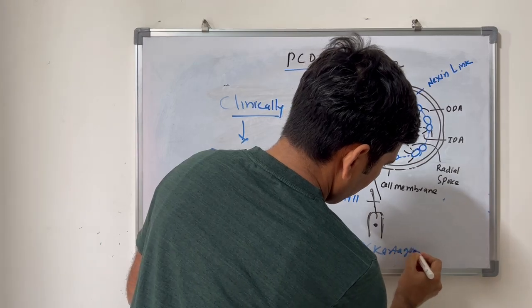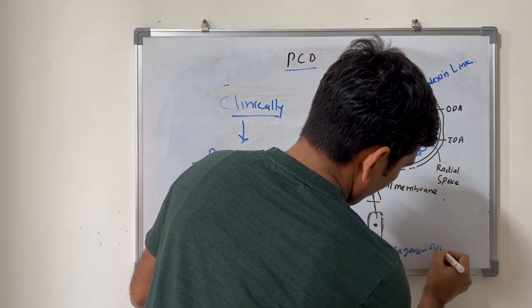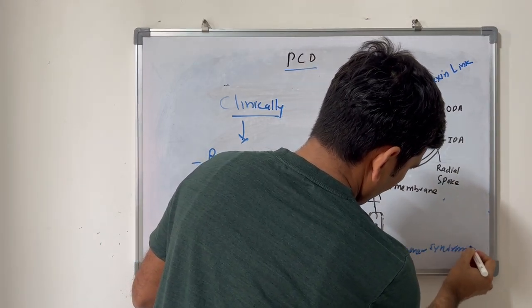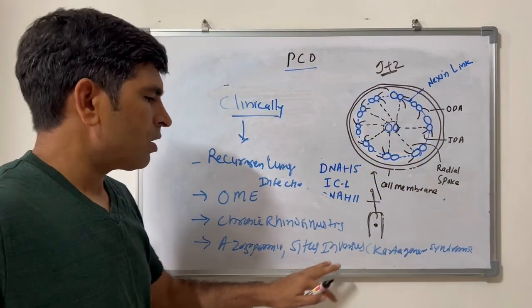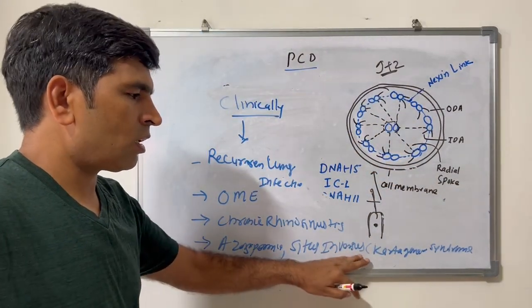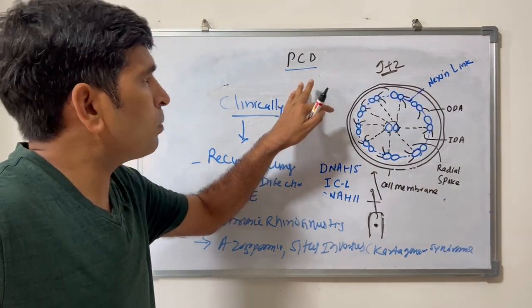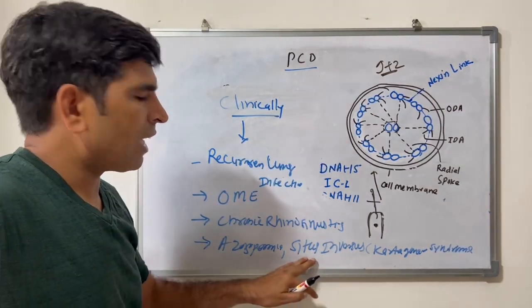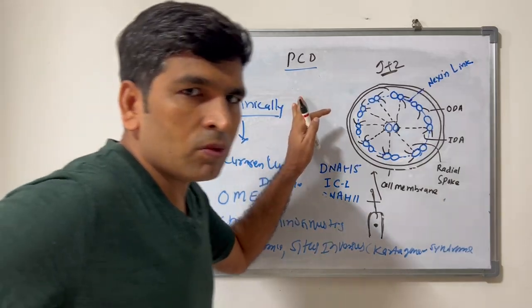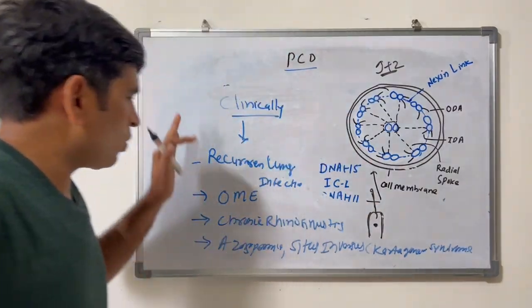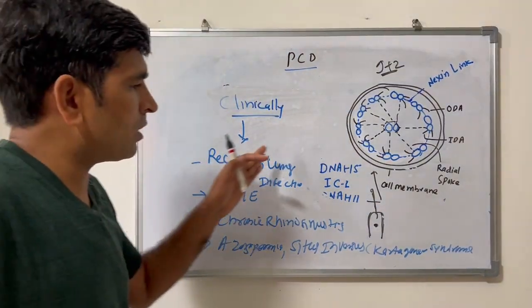If situs inversus is not there, it doesn't mean there will be no PCD. So PCD may or may not have situs inversus. This is how the patient clinically presents to us.